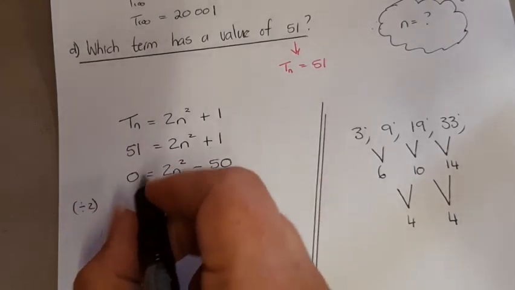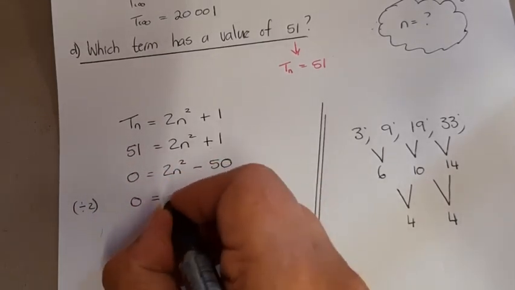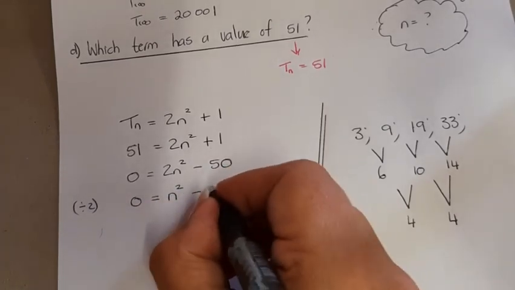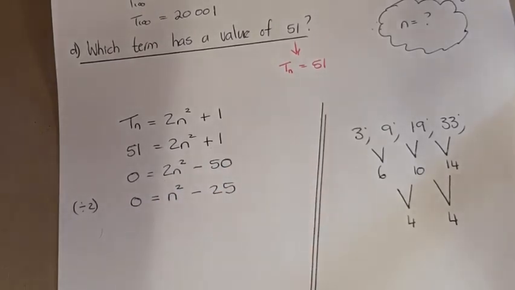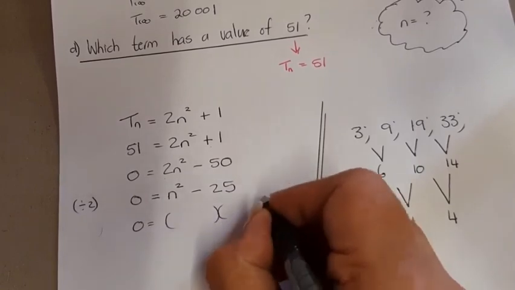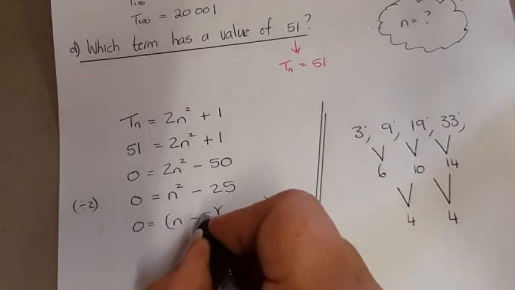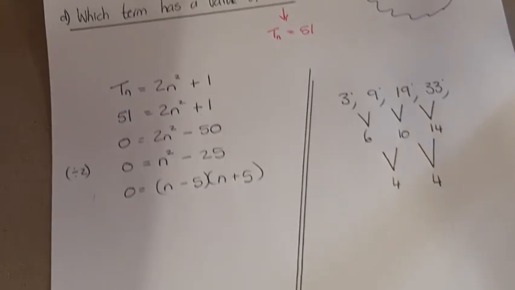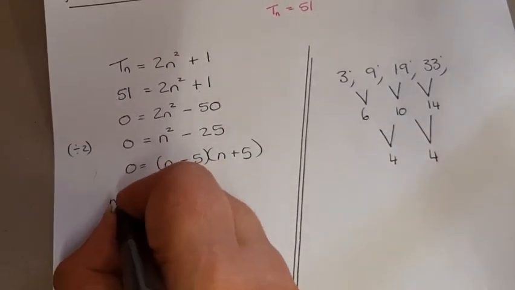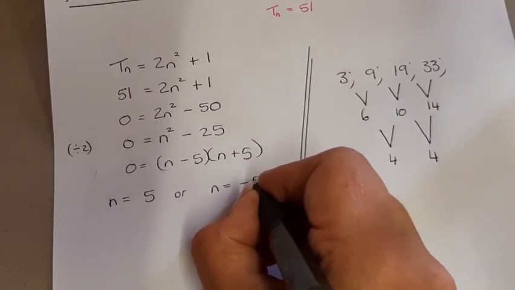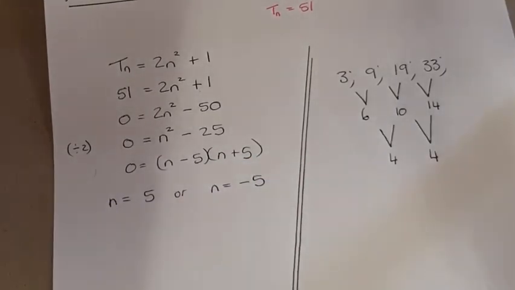So 0 divided by 2 is still 0. 2n squared divided by 2 is n squared, minus 25. This is the difference of squares. So I get two brackets, n minus 5 and n plus 5. So I get a value of n equals 5 or n equals minus 5.